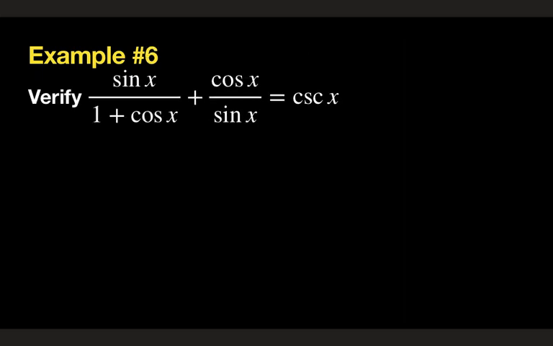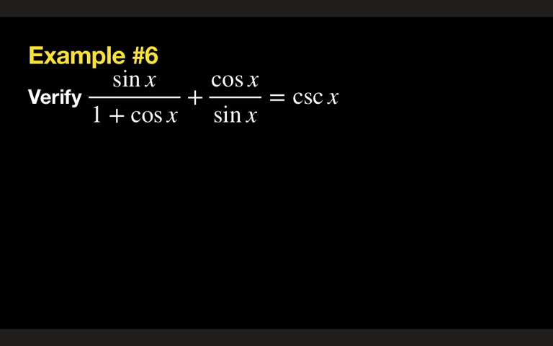What we need to do in this case is we need to verify that the left side and the right side are exactly the same. Now, we can see that the left side looks very, very heavy compared to the right side. It's the properties of rational expressions. So we need to make sure that we have common denominators.